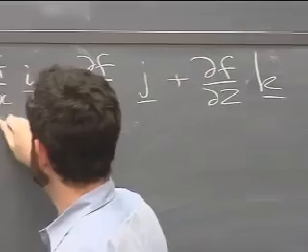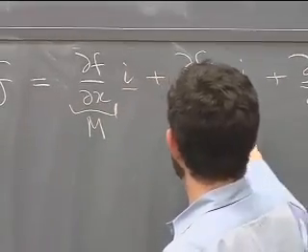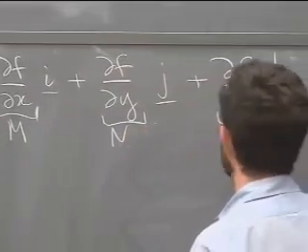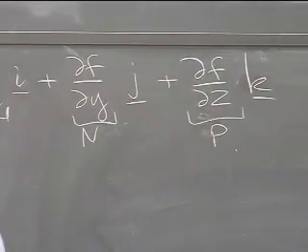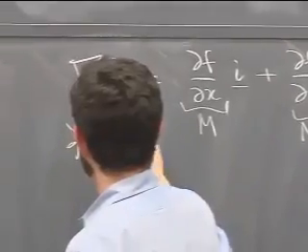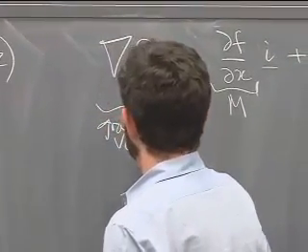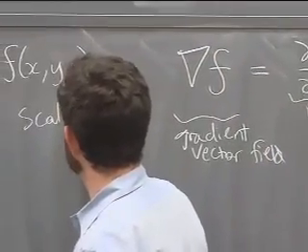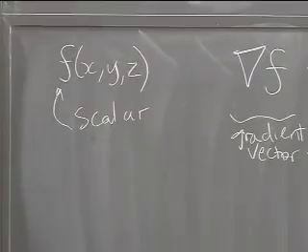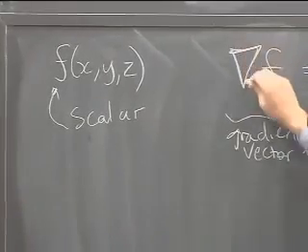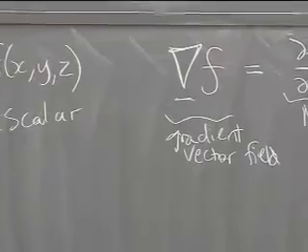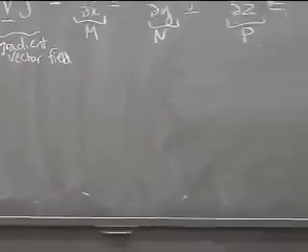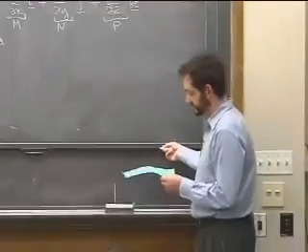This is your M, this is your N, and this is your P. And it's called the gradient vector field, even though f is a scalar function. They like to write this in bold in the textbook. Maybe I should put an underline, but it's always a vector. So grad f is a vector. It's a gradient vector field.